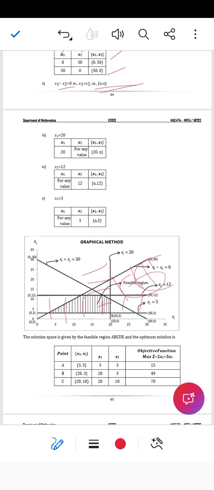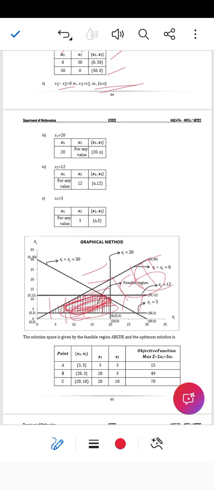In this region the inequality is satisfied by all these points. Let us check which point satisfies the inequality, and take the region on that side. Finally it is the common region for all the inequalities.